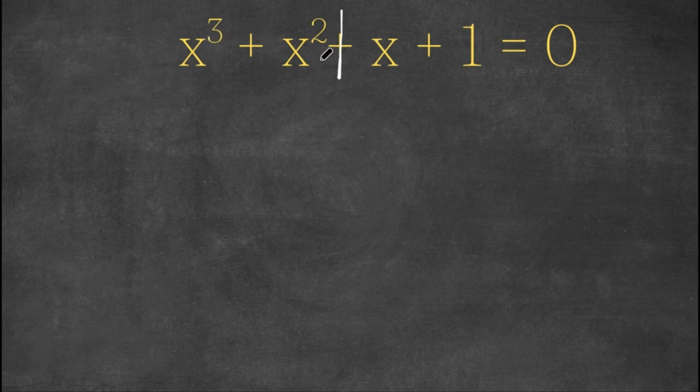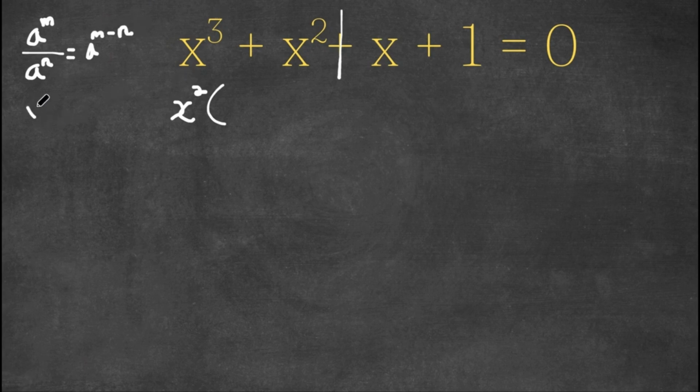So for x to the power of 3 plus x squared, we're going to factor out our greatest common factor, which in this case is x squared. So if we factor out x squared from x to the power of 3 plus x squared, well, x to the power of 3 divided by x squared, what is that? Well, if we have a to the power of m over a to the power of n, this is equal to a to the power of m minus n.